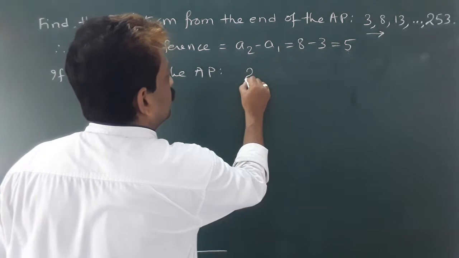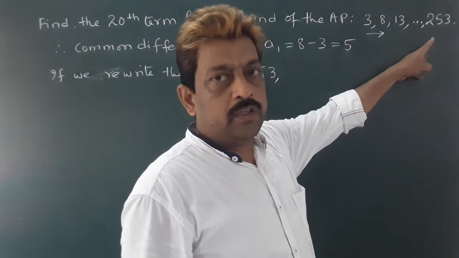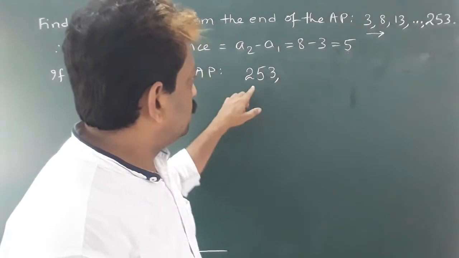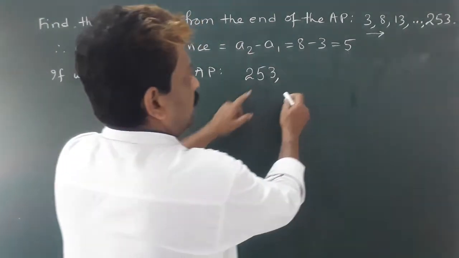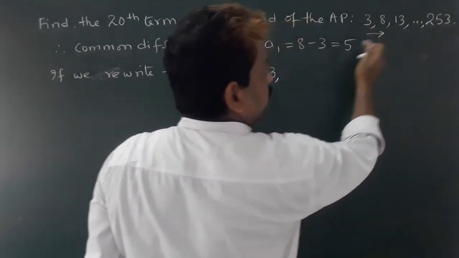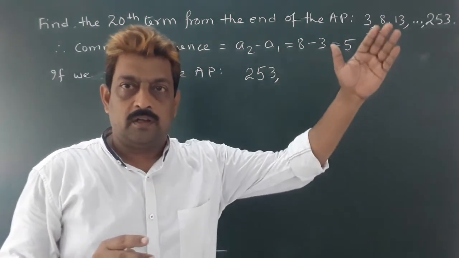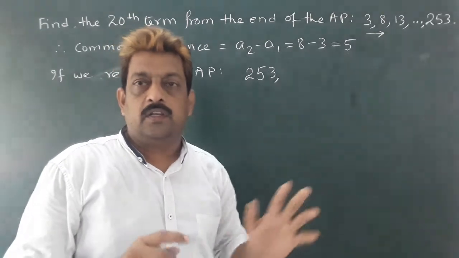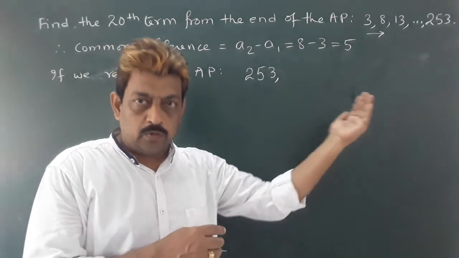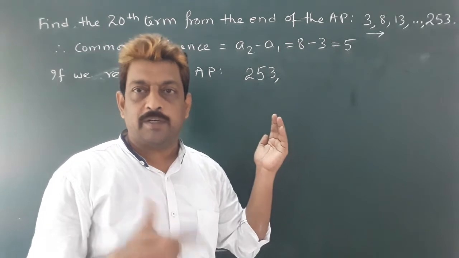The first term will be 253, because the last term from left to right is 253, and we are moving from right to left, from the back to front. From left to right it is increasing by 5, so from right to left it will decrease by 5.